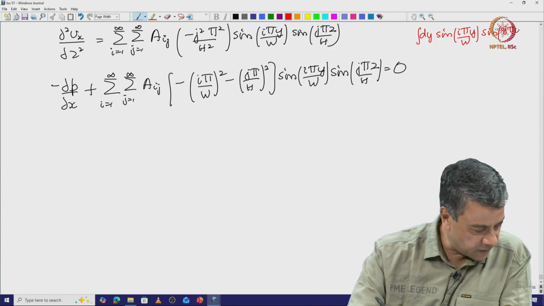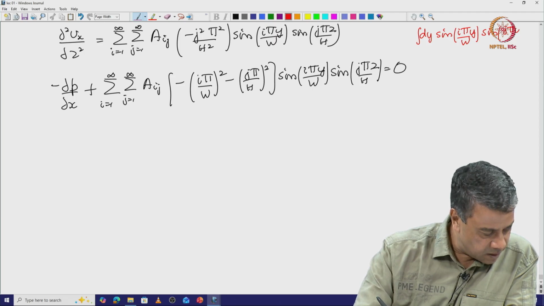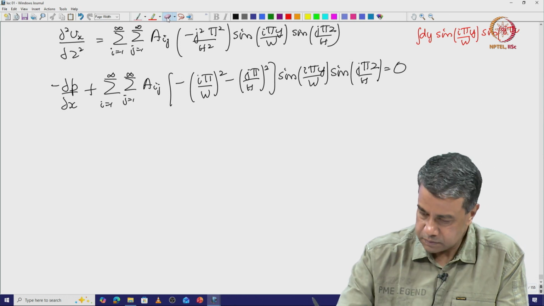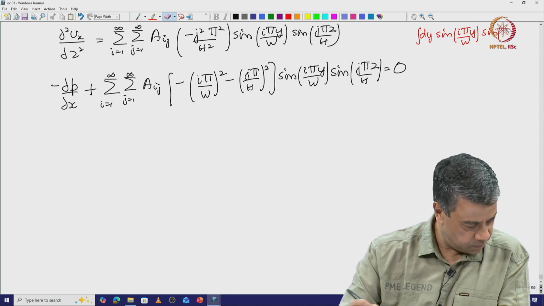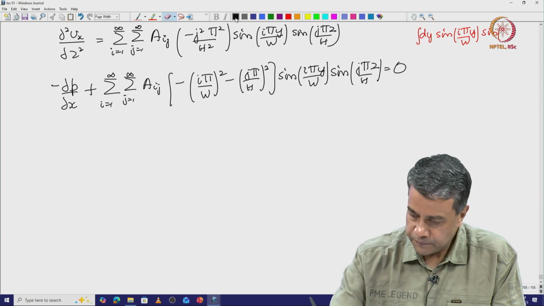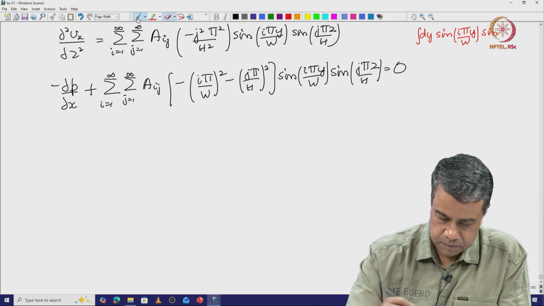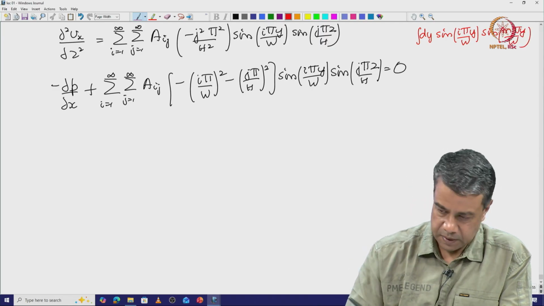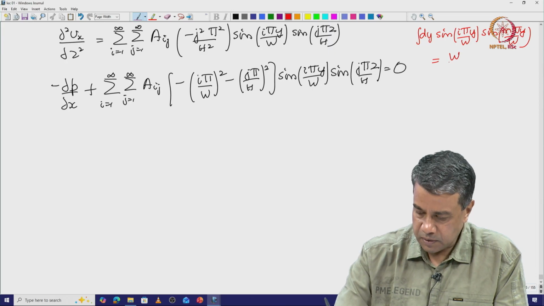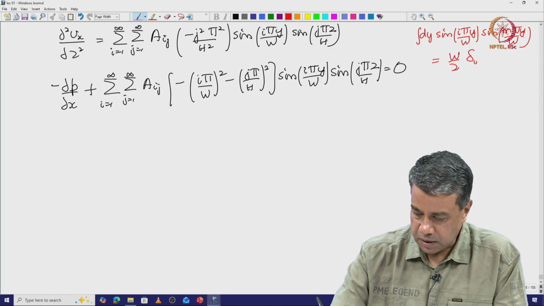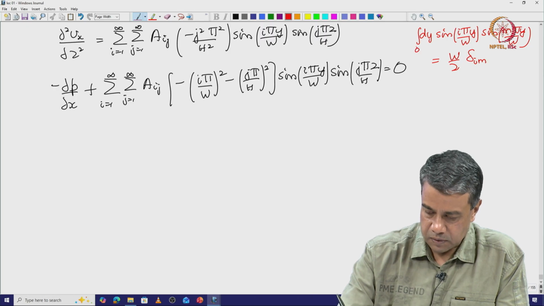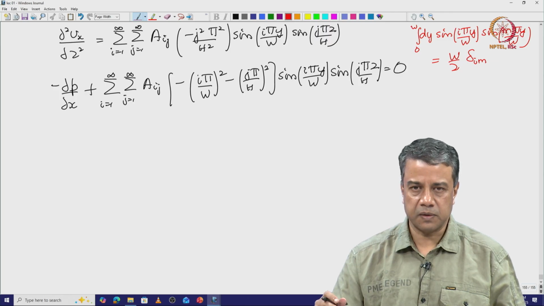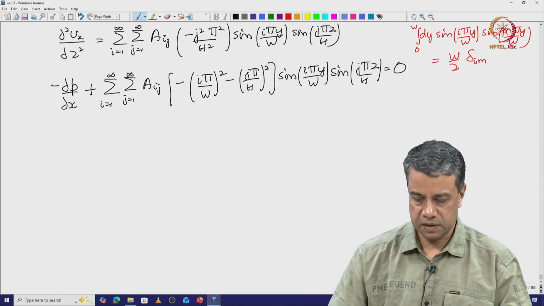I will write that as sine of i pi y by w and sine of m pi y by w. This is equal to w by 2 delta im, from 0 to w. This we had derived in the last class. You reduce it to the product of cosine functions and then you integrate it.